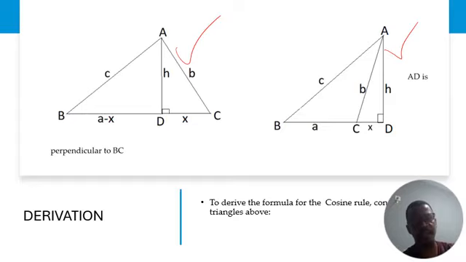So the whole idea, triangle imodzi, which is not a right-angled triangle, but now we are trying to derive a formula that will help us to find my sides and my angles of a triangle which is not a right-angled triangle. We are deliberately introducing a right angle to the triangle. So by introducing a right angle to the triangle, we are bringing up now my triangle away. In this case, that line there, if we drop it there, it will be a perpendicular. It has to be a perpendicular to BC. So tikanga right angled triangle away. Okay? Right angled triangle away.